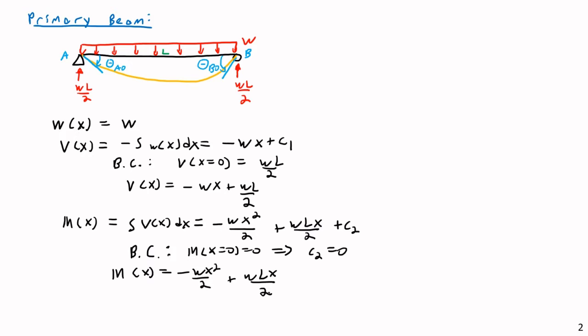Okay, so we have that. Next, again, we're going to work all the way through this, and I next want to get theta, the slope of the beam, as a function of x, and we're going to do that again by integration.